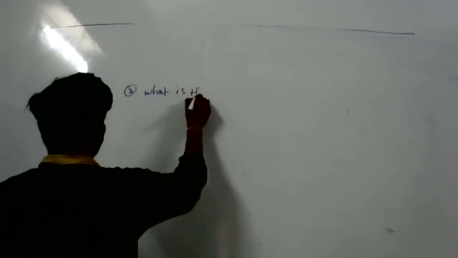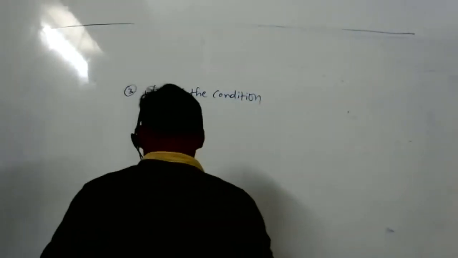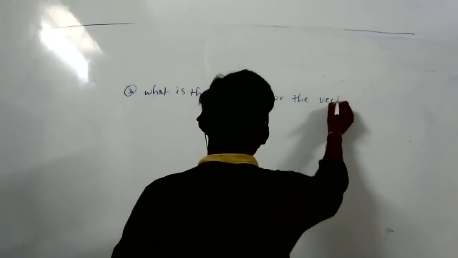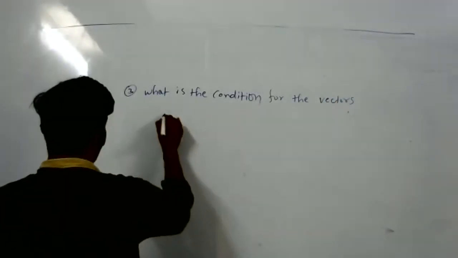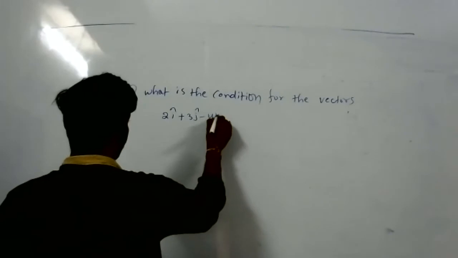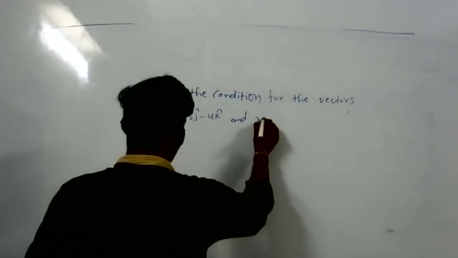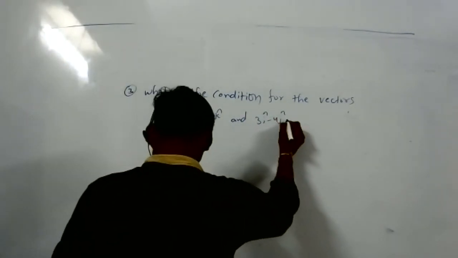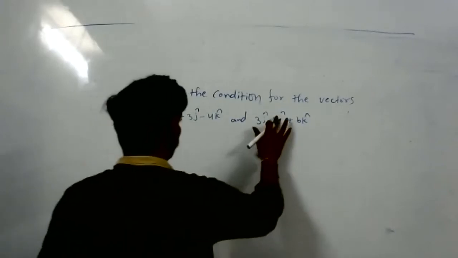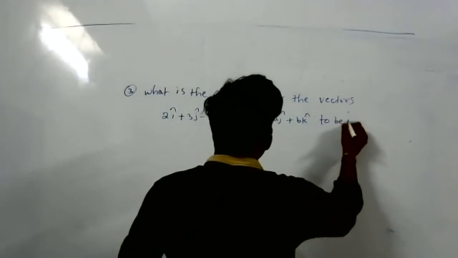What is the condition for the vectors 2i cap plus 3j cap minus 4k cap and 3i cap minus 4j cap plus bk cap, wait, aj cap, to be parallel?